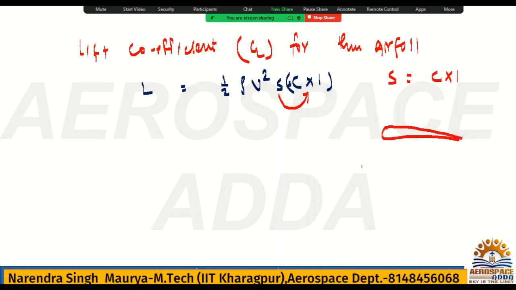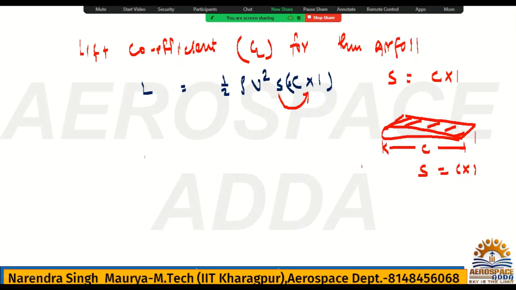This length is nothing but unit length, and here it is nothing but chord. So what is the S? C into 1. So basically this is 2D you can say. That depth is unit, span is what? Unit.